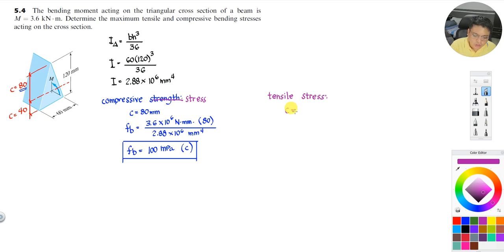Okay. So, sino daw yung compression? Oops, yung taas daw. So, definitely yung baba, iyon yung ating tension. So, we can have it as 40 mm. Alright?